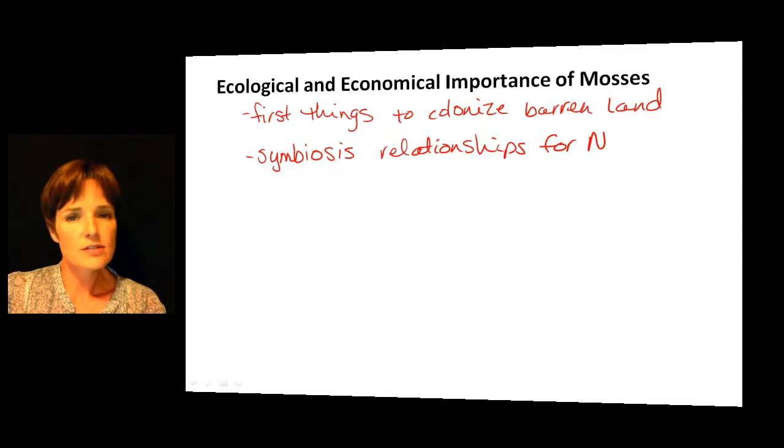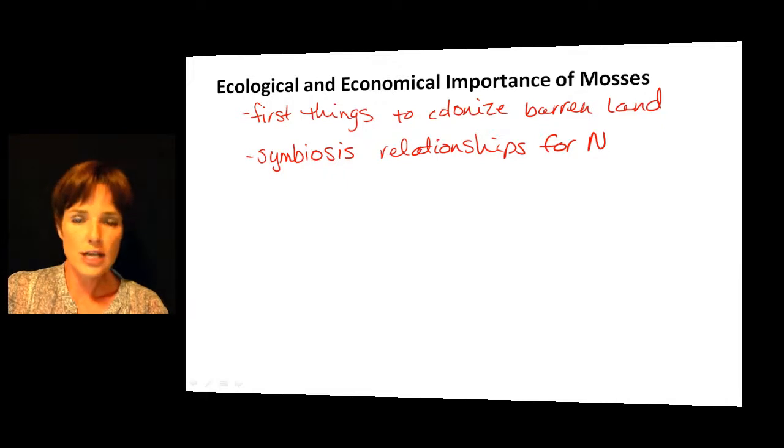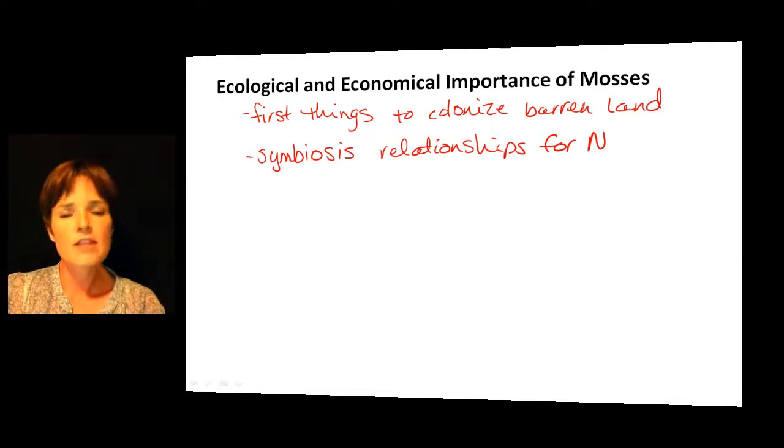Plants themselves aren't capable of using nitrogen gas, which would be N2, but if they form these relationships, the fungi or bacteria are able to capture nitrogen gas and then convert that into a form that's usable for the plants. So they would be able to get that from that fungi or bacteria, and then they could use the nitrogen for purposes of making proteins and enzymes and other things that they might need to make.